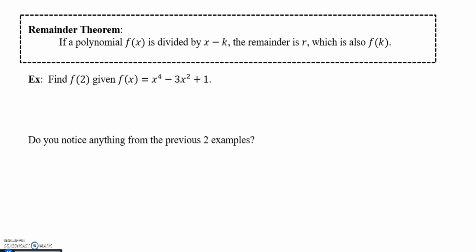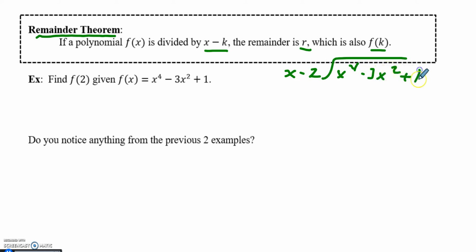So next there's something called the remainder theorem, which is also a pretty cool connection to the problem we just completed. If a polynomial is divided by x minus k, the remainder is r, which is also f of k. Now, what that means is, like the previous example, we divided x minus 2 into x to the 4th minus 3x squared plus 1.